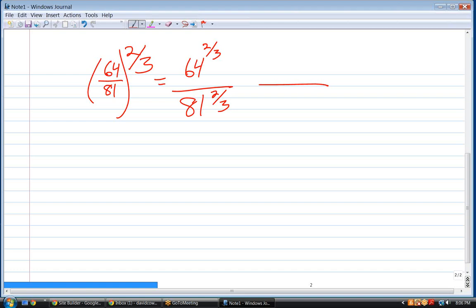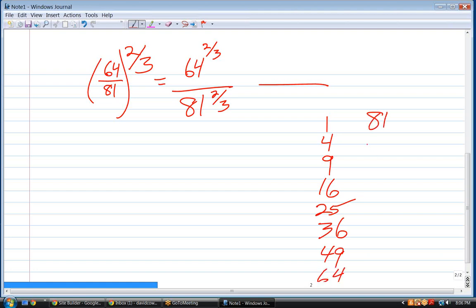Is there a trick for doing that, or do you just have to know them? It's good to memorize perfect square numbers and perfect cube numbers up to a point. Perfect square numbers: 1, 4, 9, 16, 25, 36. You should recognize these numbers.